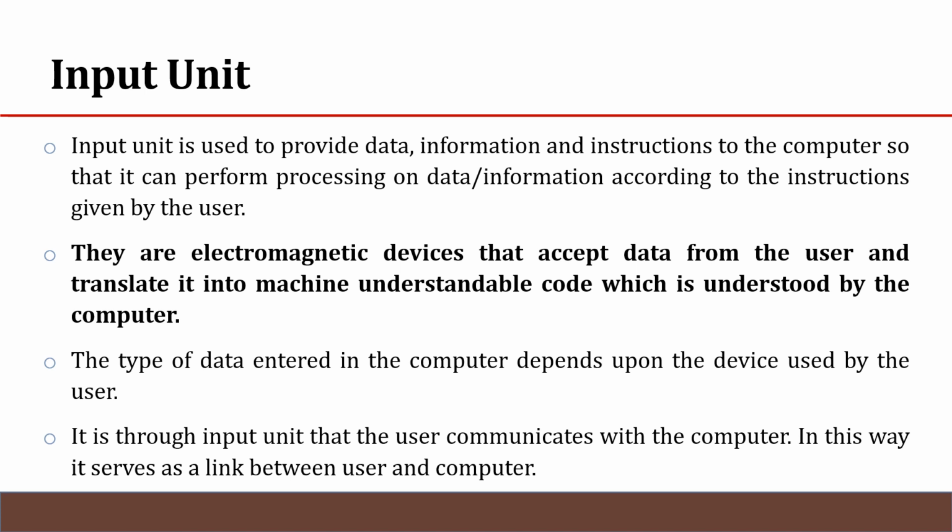The type of the data entered in the computer through the input unit depends upon the input device used by the user. As you know, mouse is a pointing device, whereas through the keyboard we can enter alphanumeric characters. It is through the input unit that the user communicates with the computer. In this way, it serves as a link between the user and computer.